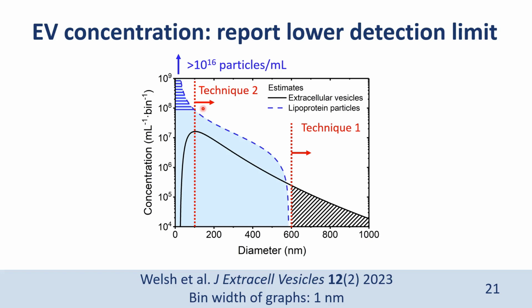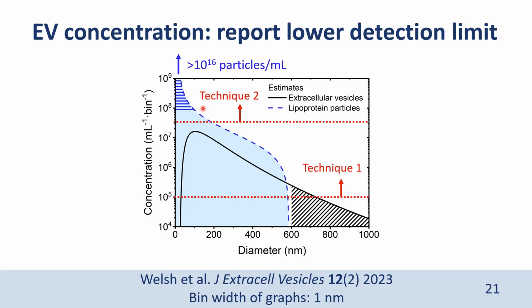So this is why it's important to figure out what your detection limit is and report that. And don't only consider the diameter detection limit, there's also a detection limit on concentration. So in this case, technique 2 would only find lipoprotein particles and entirely miss the EVs. So be aware there is a detection limit, figure out what it is, and report it.